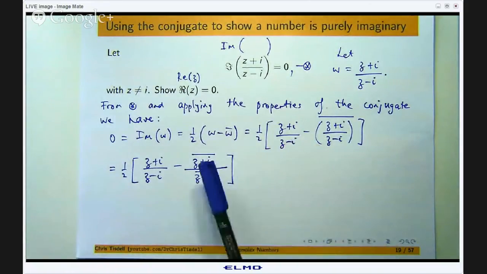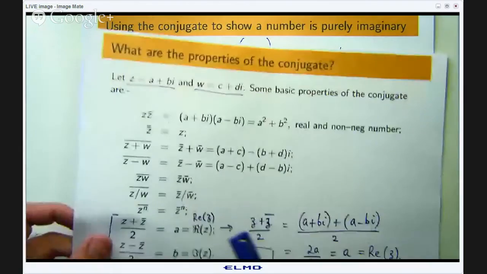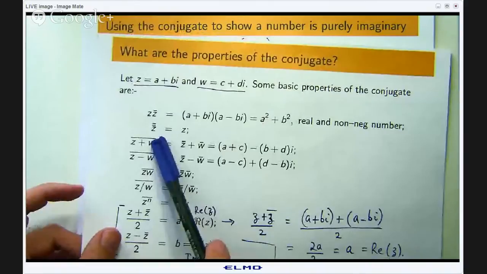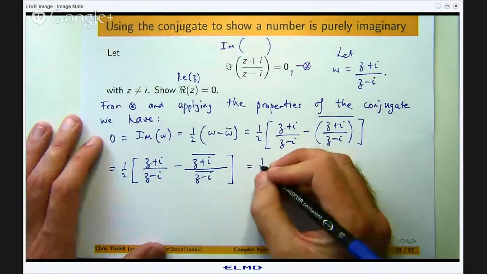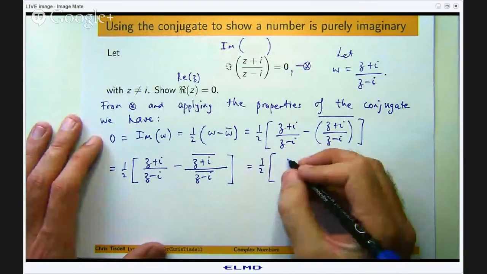Now the conjugate of a sum is the sum of the conjugates, that's here and here, or difference. So I can break these two things up into sums of conjugates and differences of conjugates.